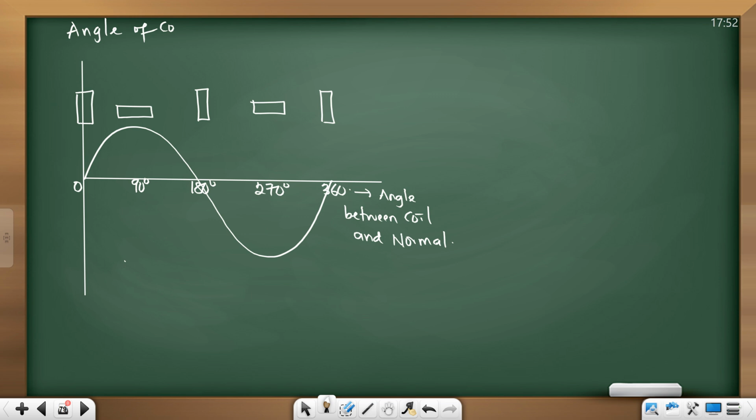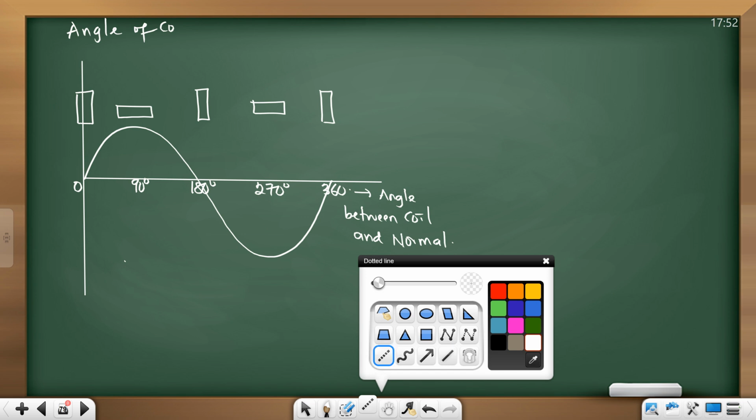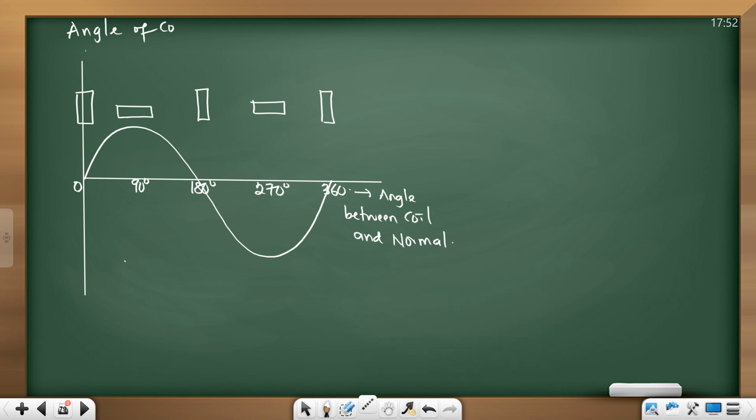So if I were to draw my normal, check this. If I were to draw my normal, perpendicular like that, right? You would notice this angle here, 90 degrees. The coil is flipping and I'm drawing a vertical line on top of it. 90 degrees.